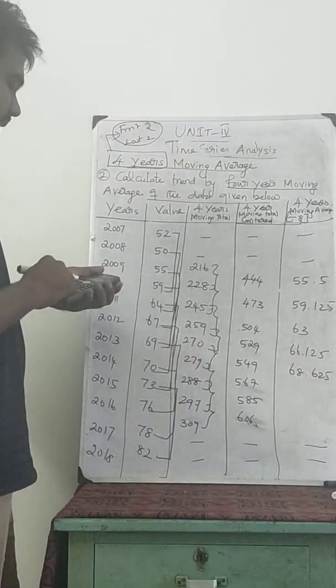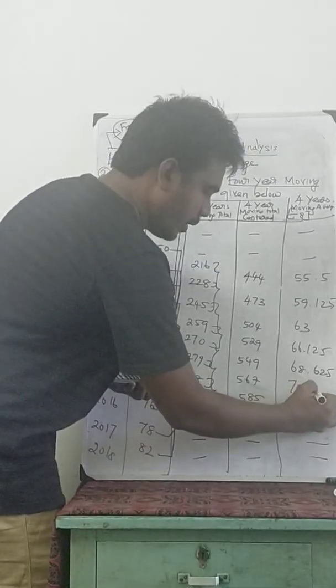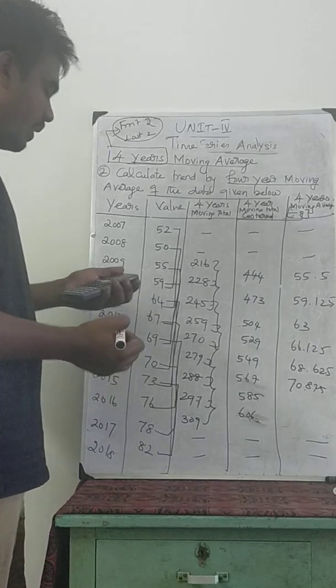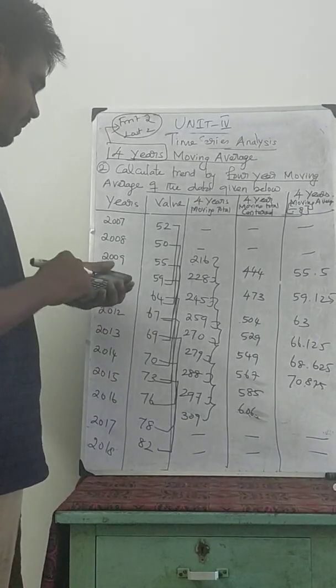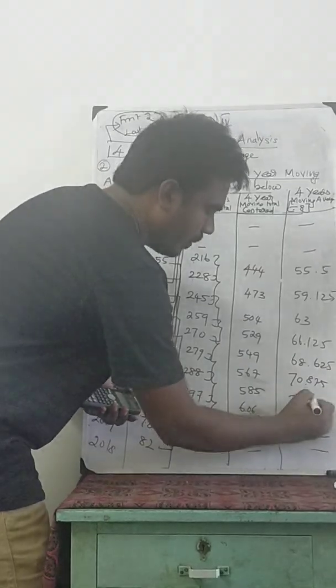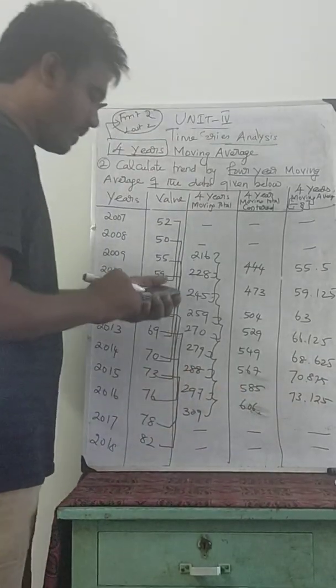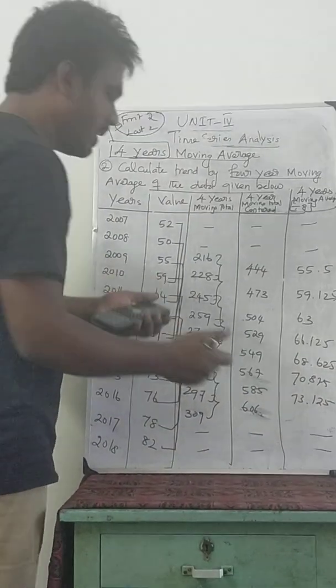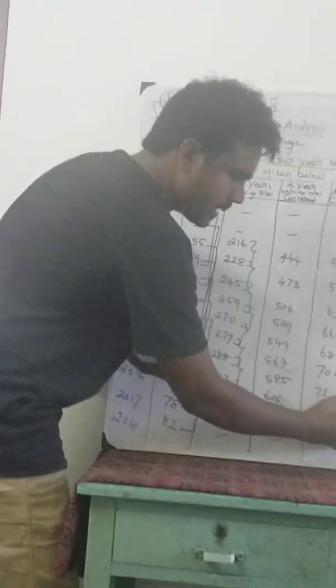Then 567 divided by 8, 70.875. You have to write it straight next to the value. 585 divided by 8, 73.125. 606 divided by 8, 75 average.